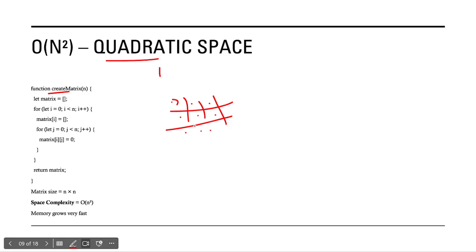If n is 10, the matrix becomes 10 by 10, that means 100 elements. So memory grows n cross n, and quadratic space can be dangerous for larger input. That's why the space complexity is Big O of n square, meaning it is the square of the input size.